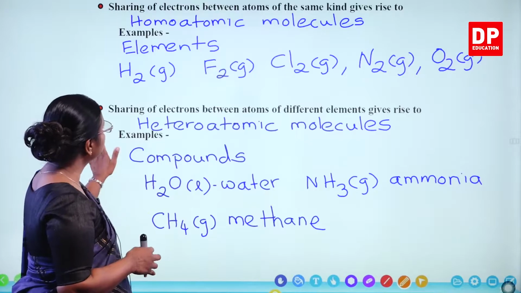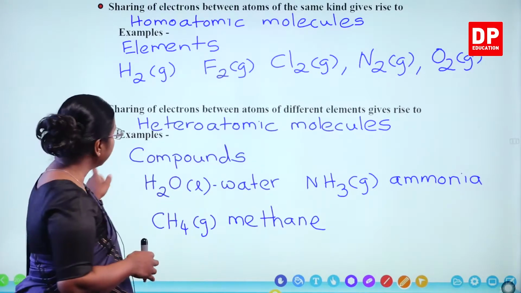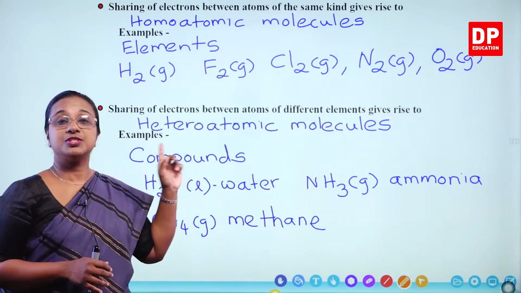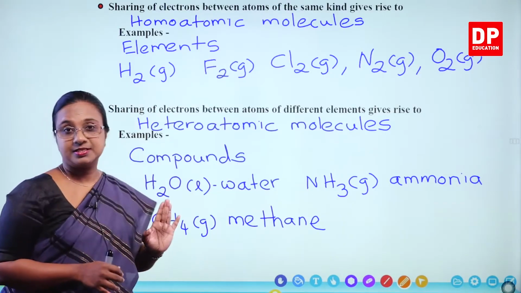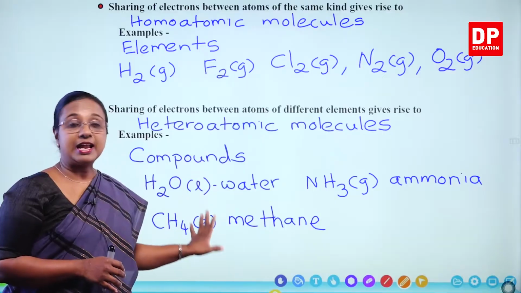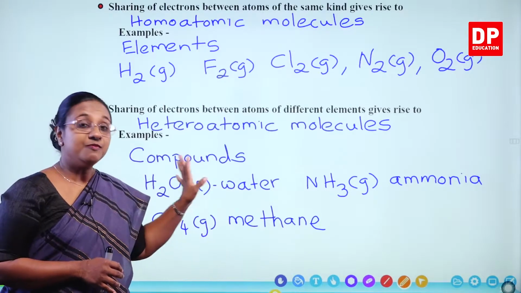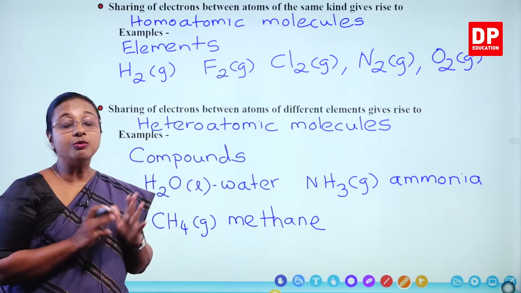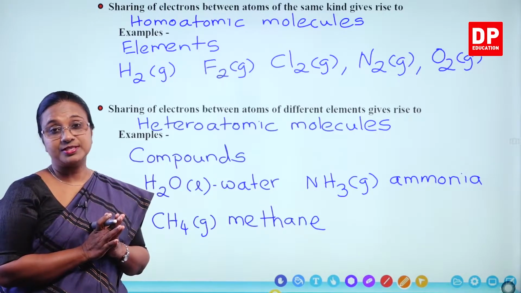When it comes to heteroatomic molecules, they give rise to compounds, and homoatomic molecules give rise to elements. I'm sure you can understand that introduction. With that, now we will move on to understand how these covalent bonds are formed.